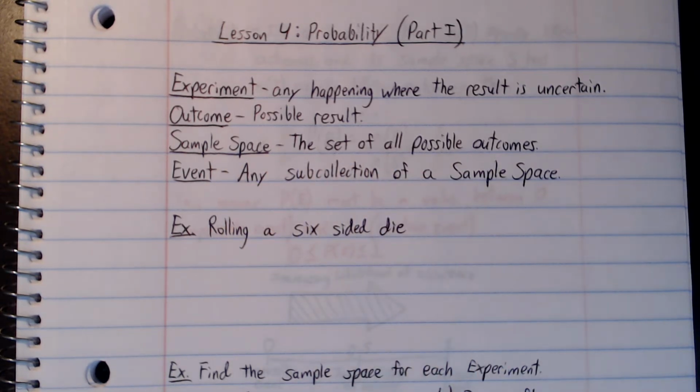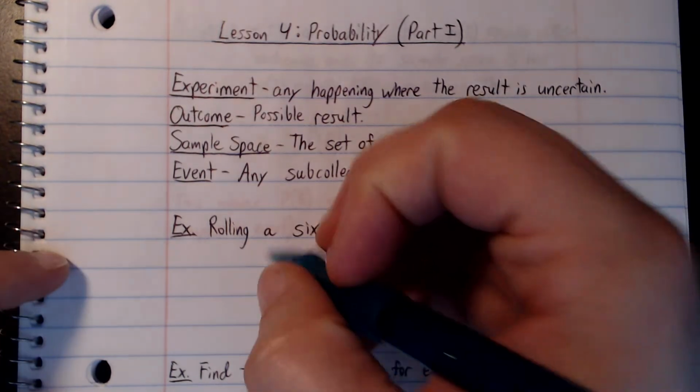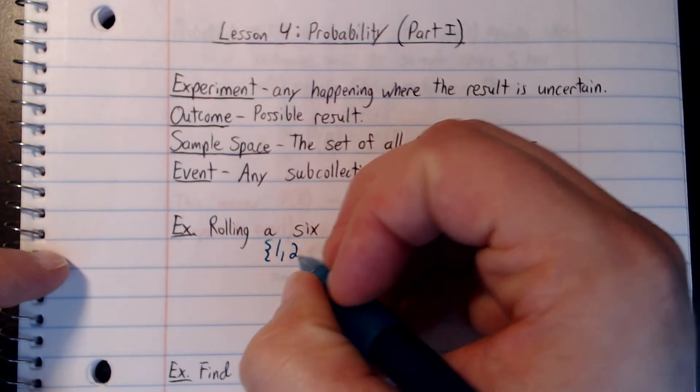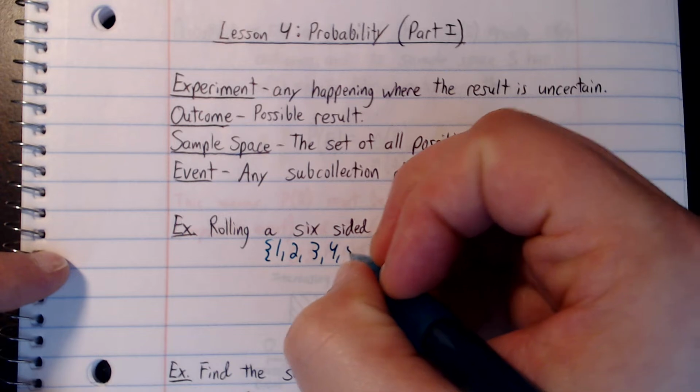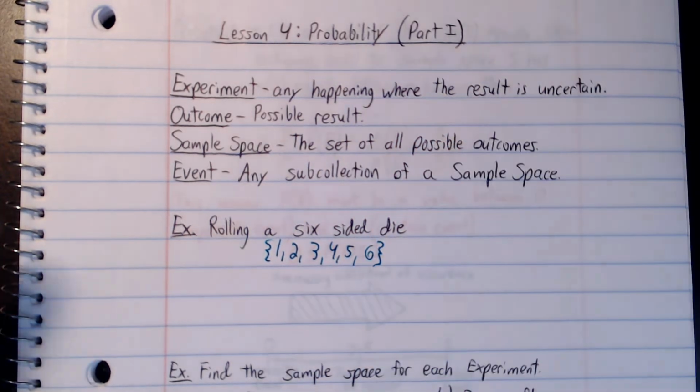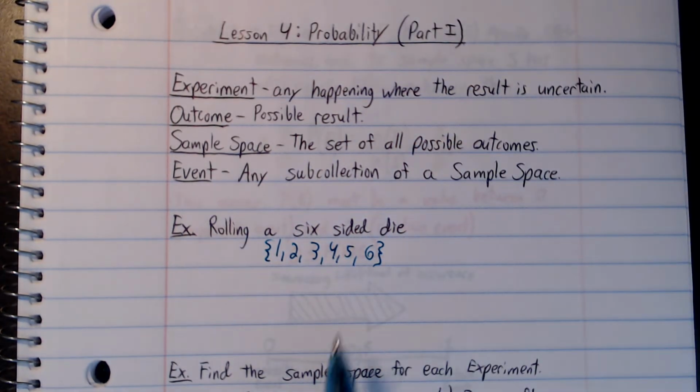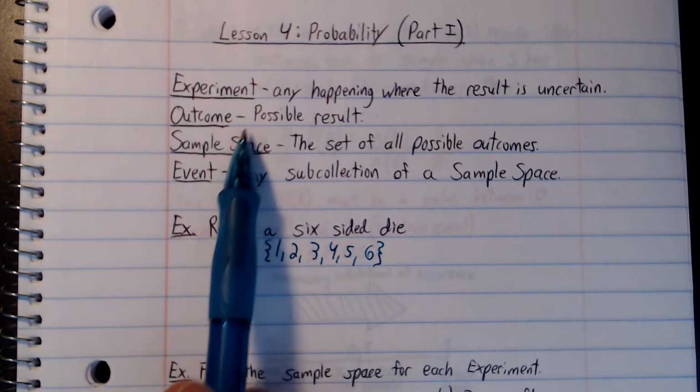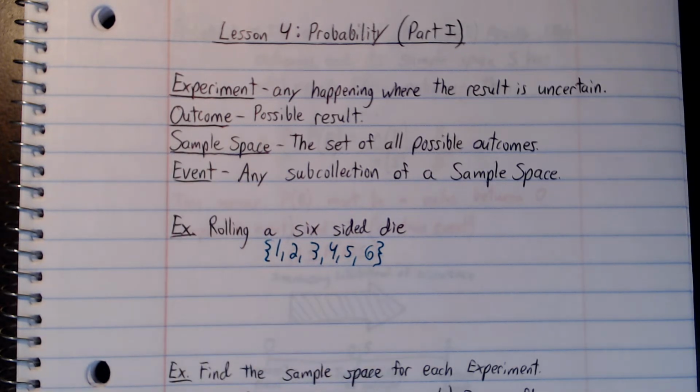So if we were to look at rolling a six-sided die, you know that you could roll a 1, a 2, a 3, a 4, a 5, or a 6. So those are all the possible outcomes. This would give you your sample space. And an event would be any sub-collection of those.